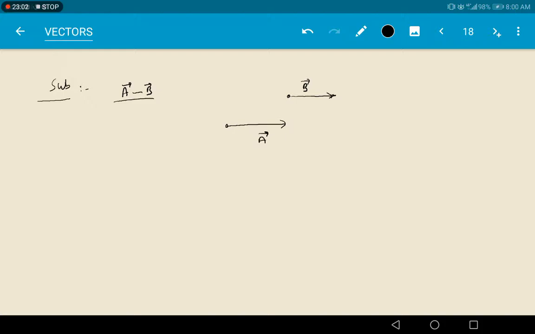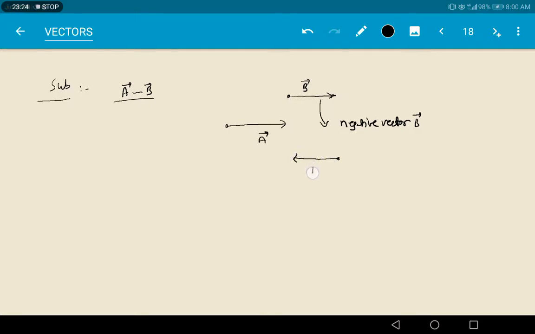So if they are asking for a bar minus b bar, we are going to take the help of the negative vector. So now I am going to draw the negative vector of b, without changing the magnitude.